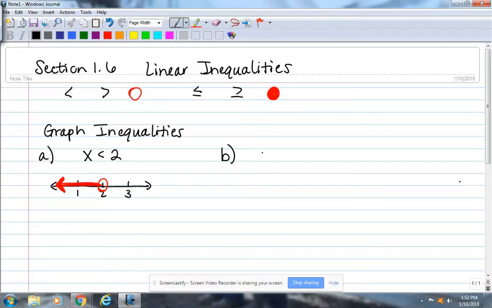Let's graph the inequality x is greater than or equal to negative 1. So make yourself a number line. Put negative 1 in there, and then put a number less than negative 1 and a number greater than negative 1. Remember that negatives are backwards on a number line.